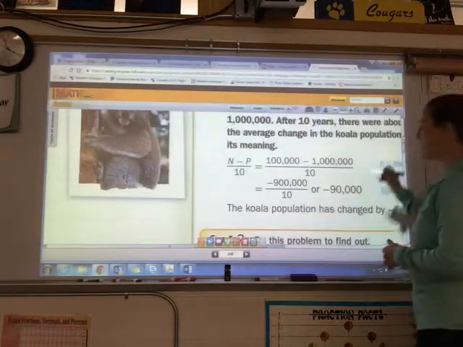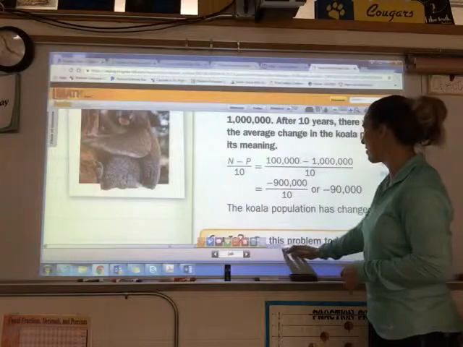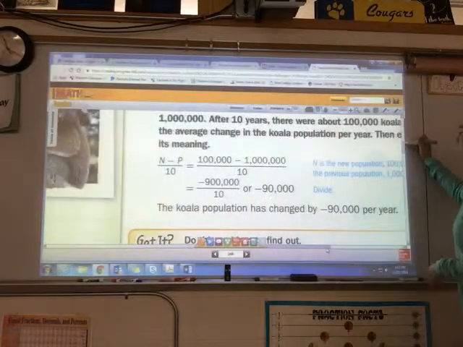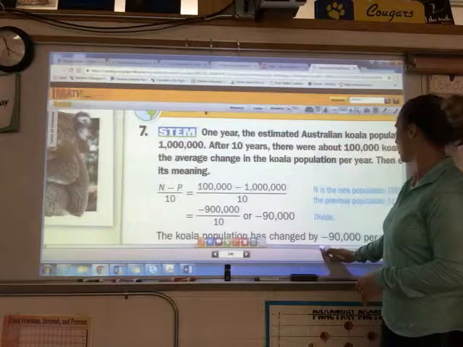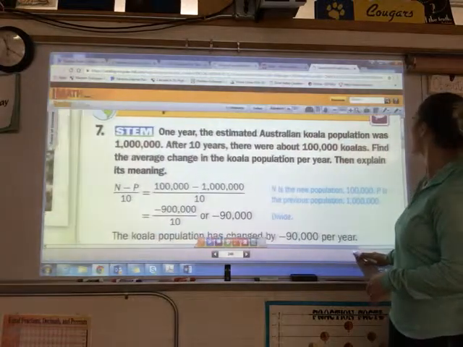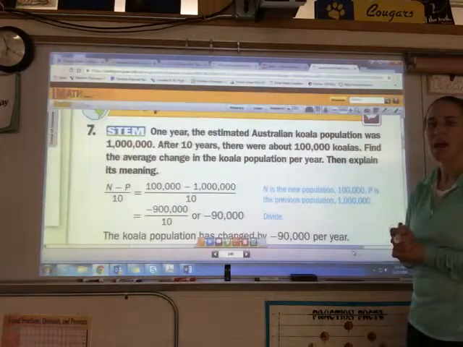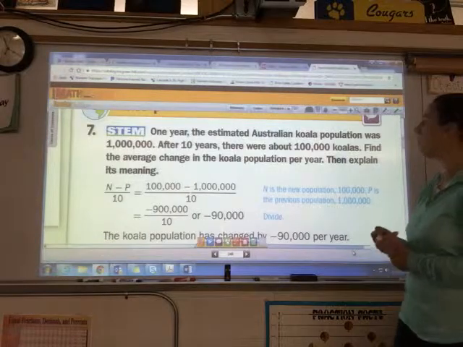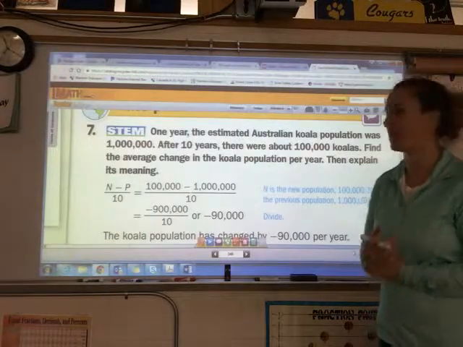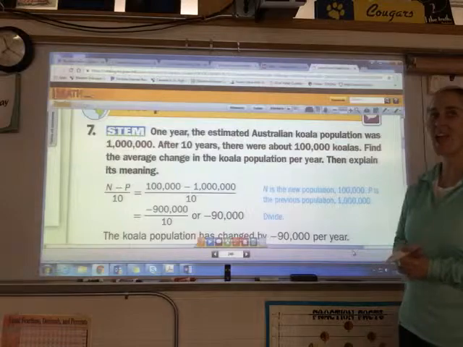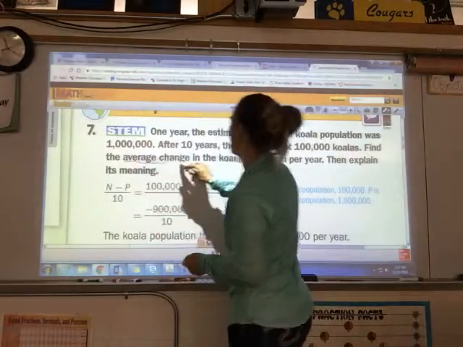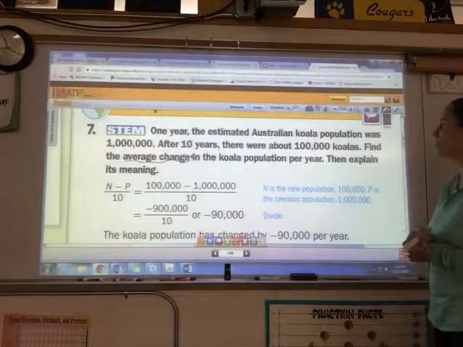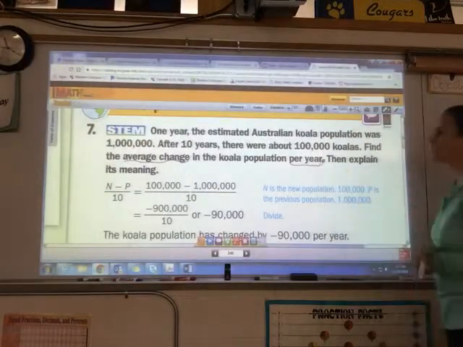The real life problem on the top of 246 says, one year the estimated Australian koala population was 1 million. After 10 years, there were about 100,000 koalas. Find the average change in the koala population per year. Then explain its meaning.